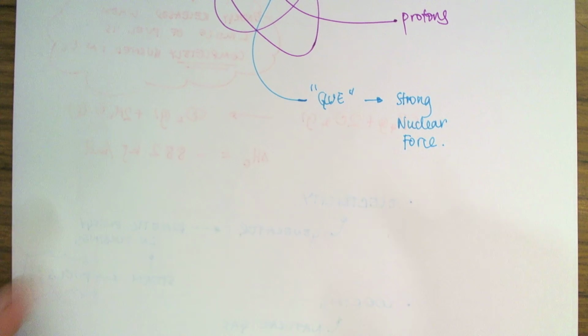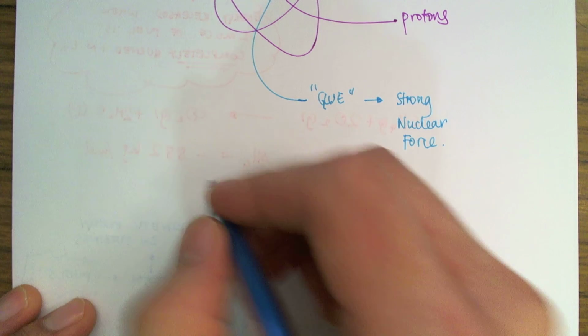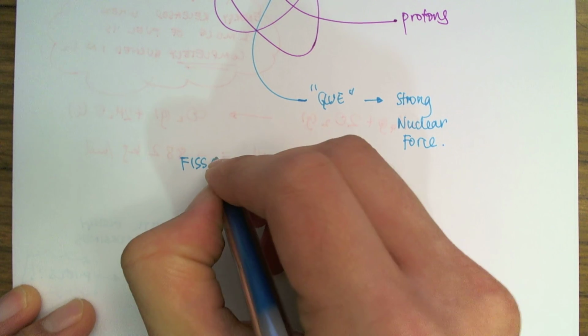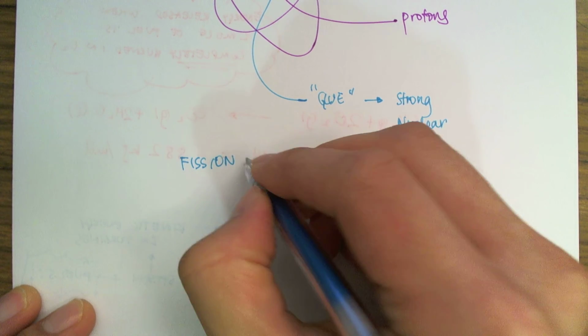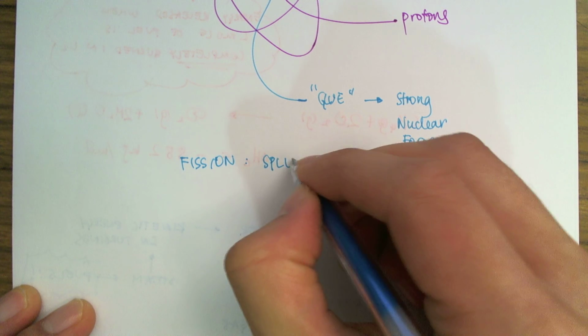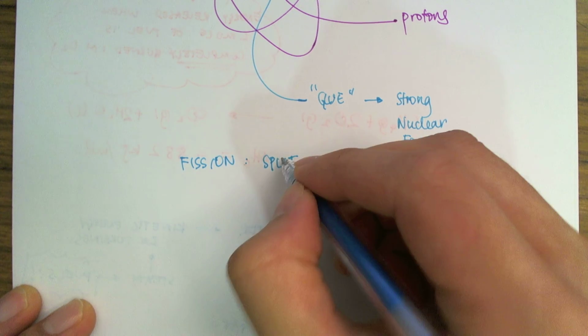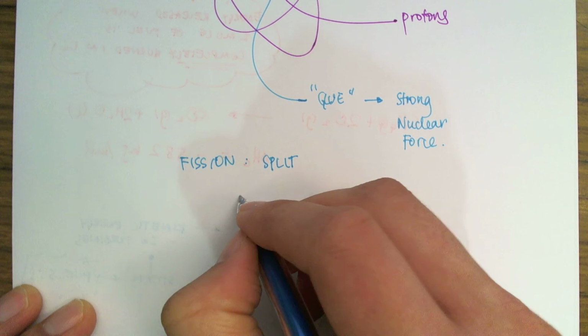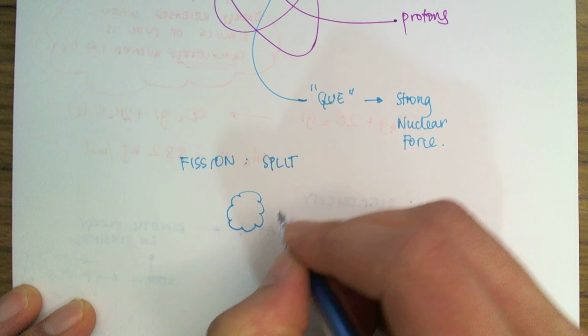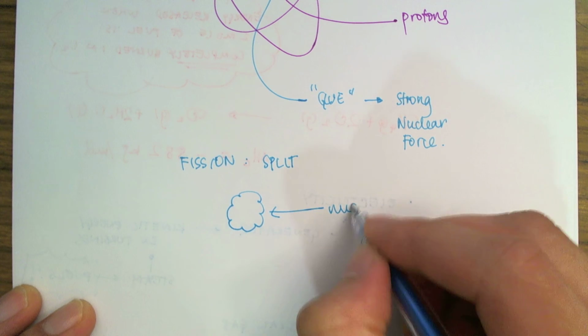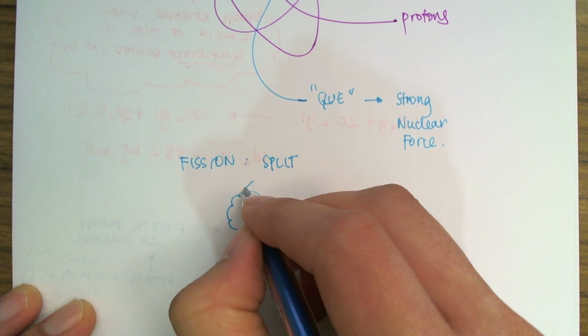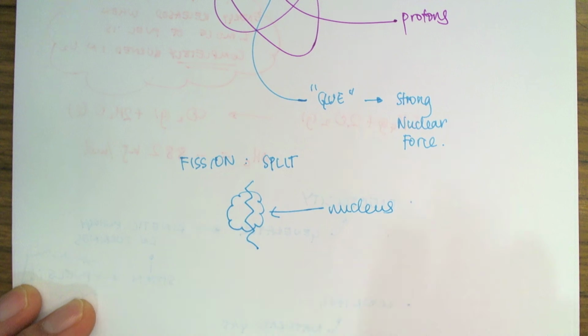And when you split the atom via fission, so fission is splitting the atom. Right, so if I have a large nucleus and I split it, energy is released.